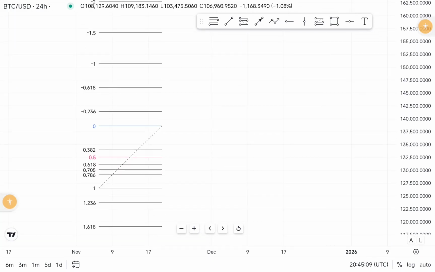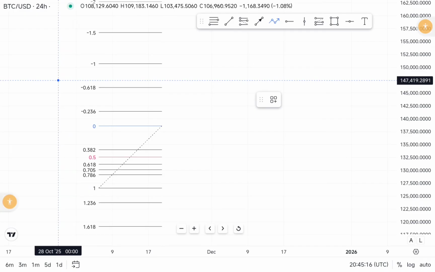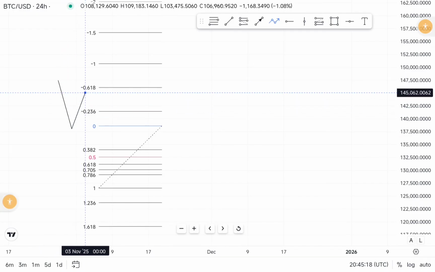Looking at the tool, there are some significant levels, which are the -1 to -1.5 region.